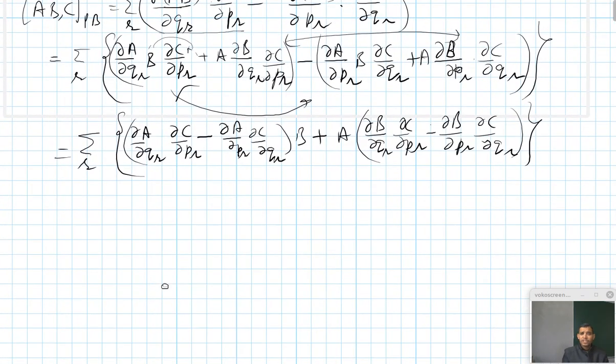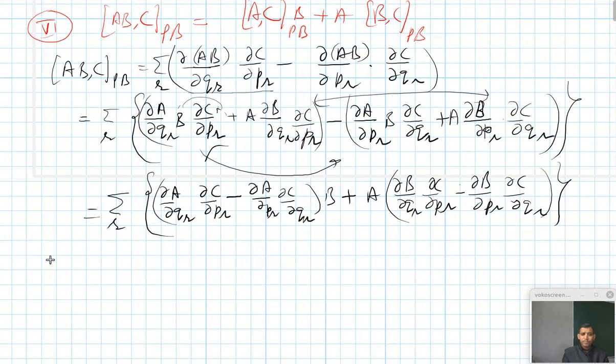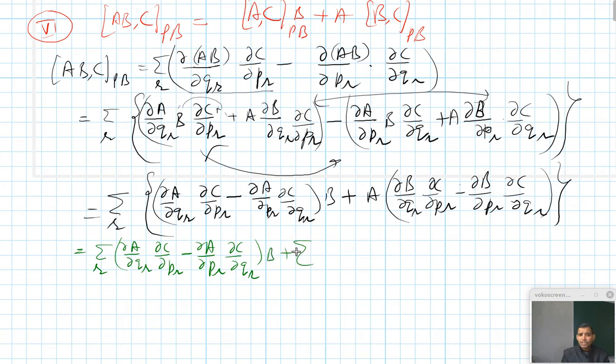Let me bring in the summation. So this can be written as the summation over r of ∂A/∂q_r ∂C/∂p_r minus ∂A/∂p_r ∂C/∂q_r, and here B is outside, then again the summation over r, and A is just outside, so it is ∂B/∂q_r ∂C/∂p_r minus ∂B/∂p_r and ∂C/∂q_r. This we have to take, right.